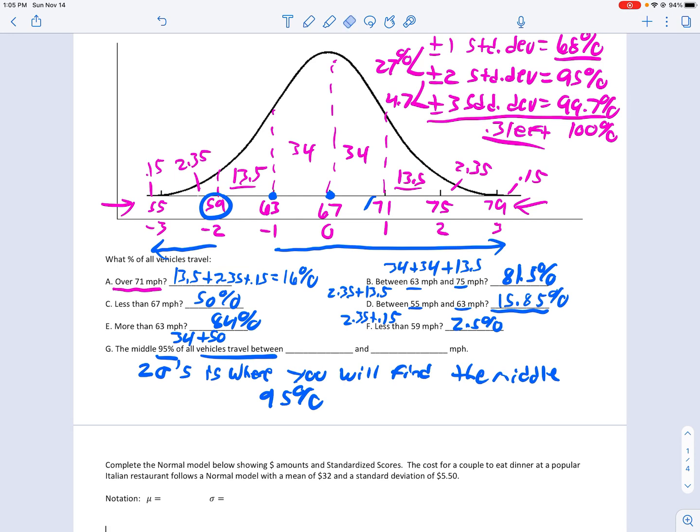Okay, so 2 standard deviations. So 2 would be 75 and 59, right? Positive 2 is 2 above, negative 2 is 2 below. So they would be between 59 miles per hour and 75.